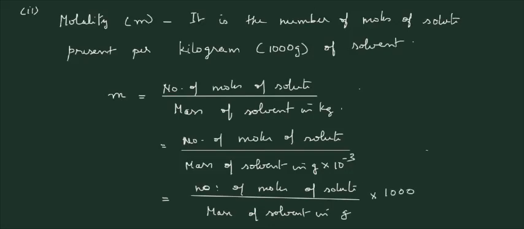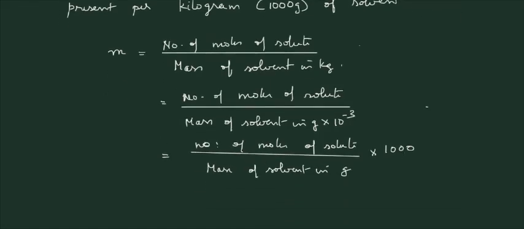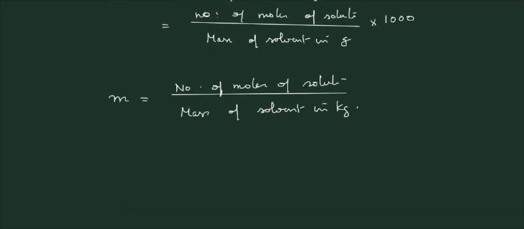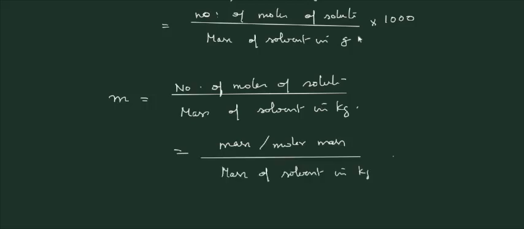Now just as we have written for molarity, we can write the expression for molality as number of moles of solute divided by mass of solvent in kg. And number of moles is mass by molar mass, mass of the solute divided by molar mass of the solute divided by mass of solvent in kg. So we can rearrange this.